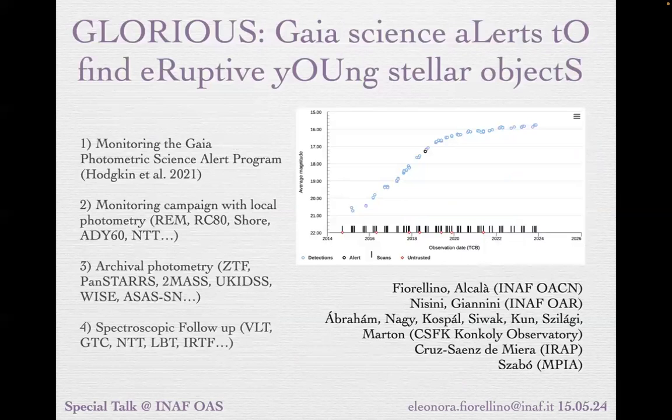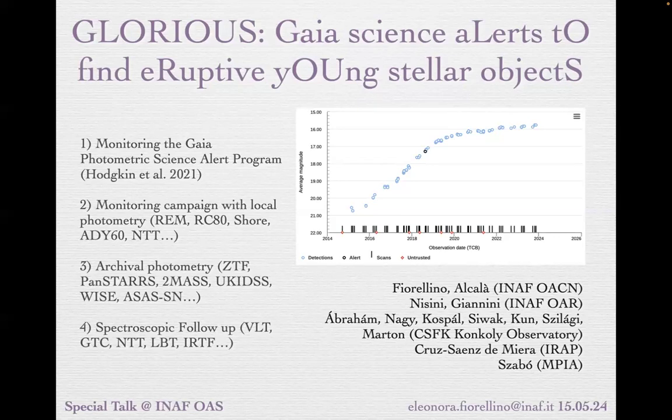So what we are doing now is looking for more objects, because it can actually be a problem of bias. The time scales of those objects can vary a lot from days to centuries, but can be short. So this can actually be an observational bias.